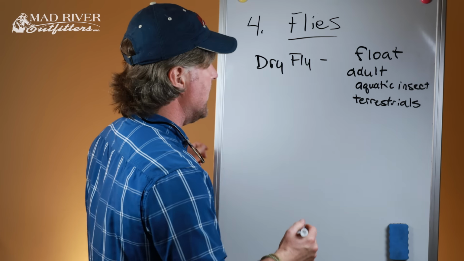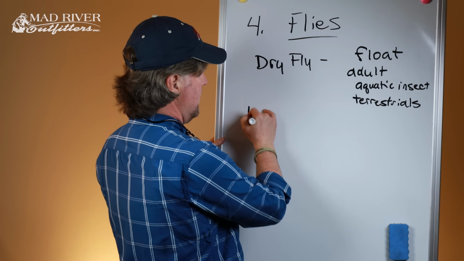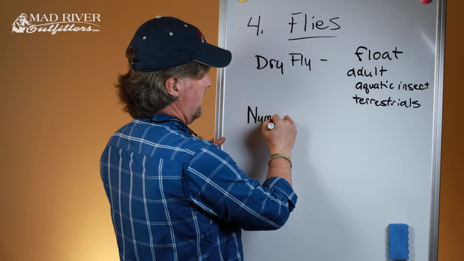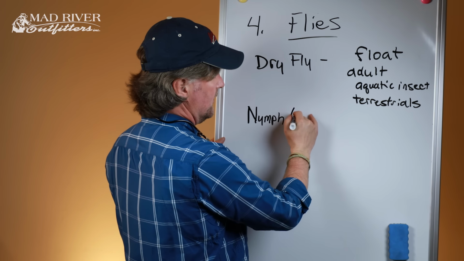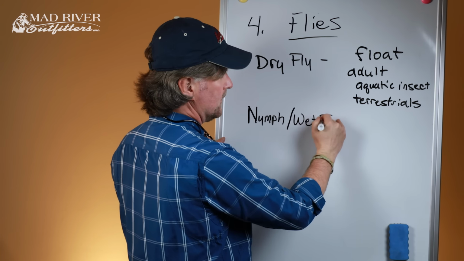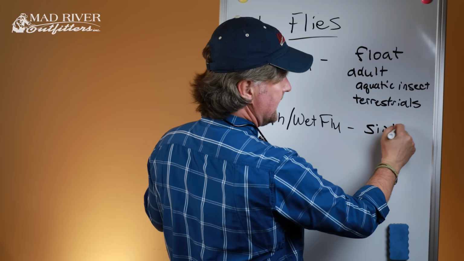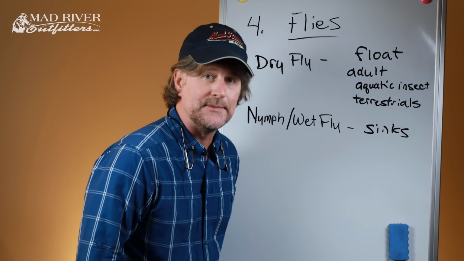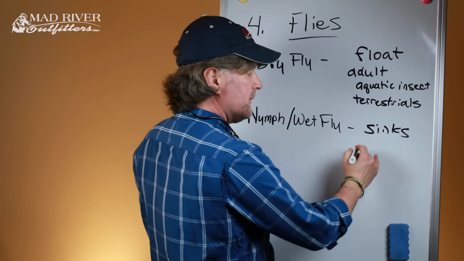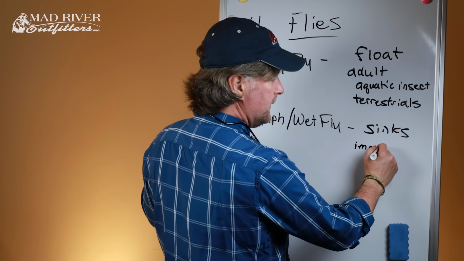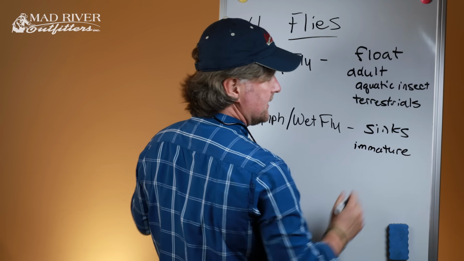Okay? Your next term is going to be nymph, or you'll also hear wet fly. A nymph or a wet fly sinks. It gets wet. Nymphs are the immature form of the aquatic insects.